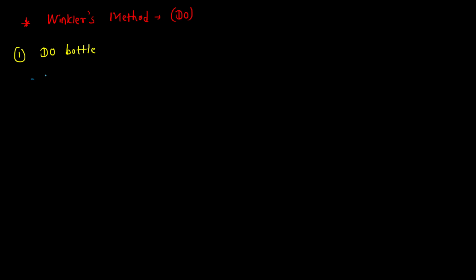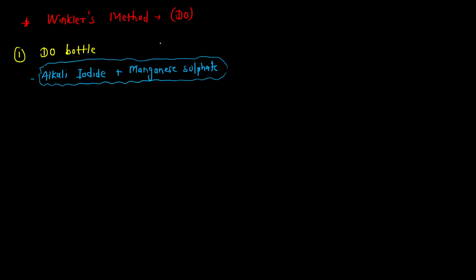First one is called alkali iodide, and the second one is manganese sulfate. Okay, so we have to add these two in a DO bottle. So this DO bottle is a very special bottle. Okay, so the volume of DO bottle is also constant, you can remember it. So the volume is 300 ml.